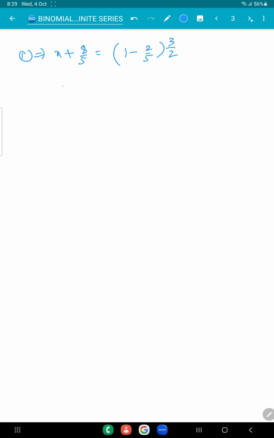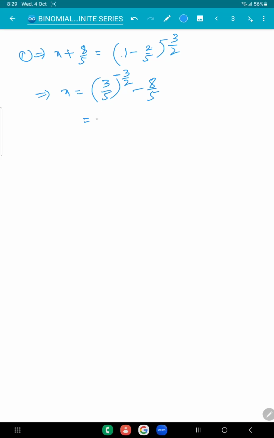So listen to me, x is equal to (2 by 5) whole power 3 by 2 minus 8 by 5. How can you write that? 2 root 2 by 5 root 5. This is minus p by q, so this is minus. What does it become?